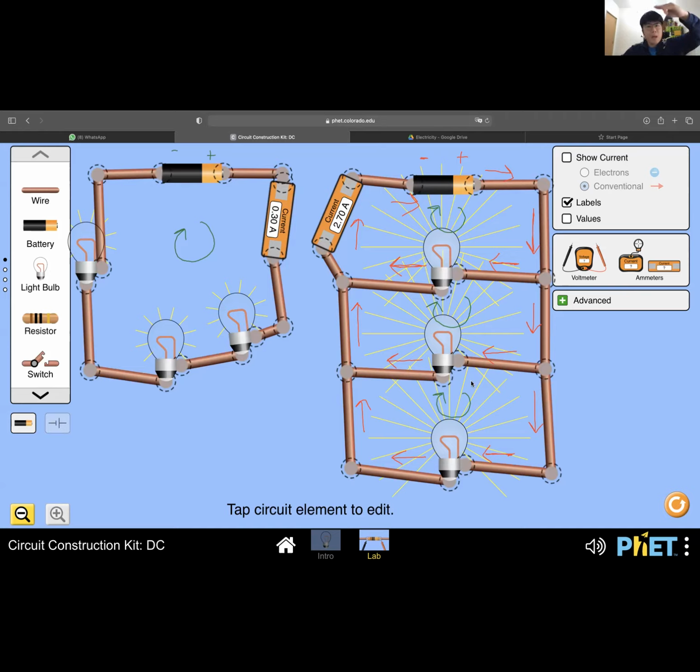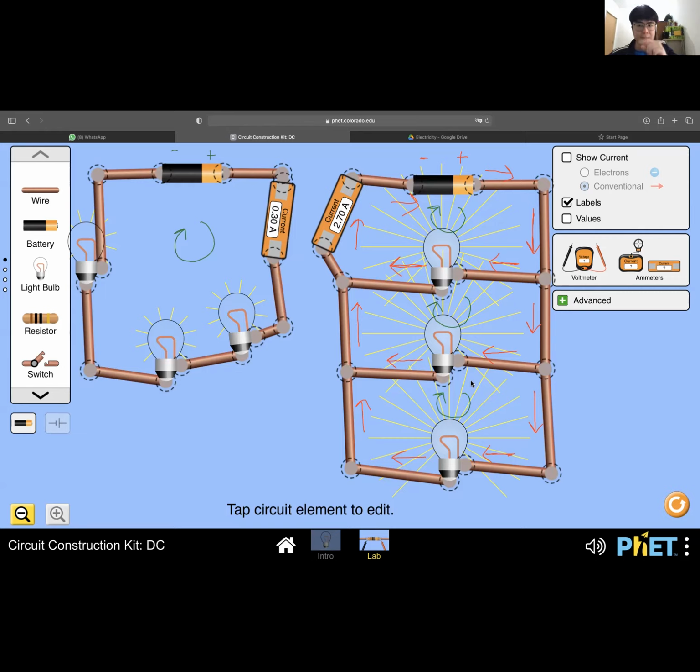The more branches you add, the more choices for the current, the easier the flow of the current. The more efficiently the current can flow because it has more paths. So that means the total resistance of the circuit will come down.